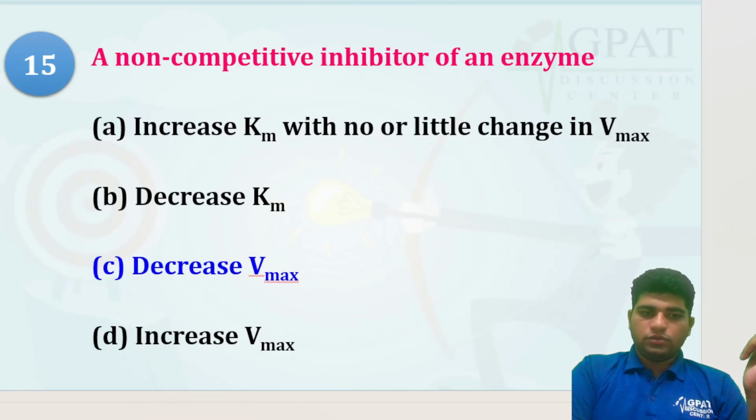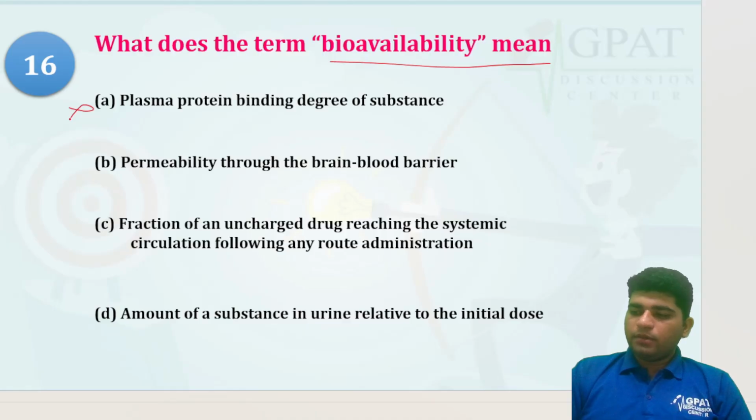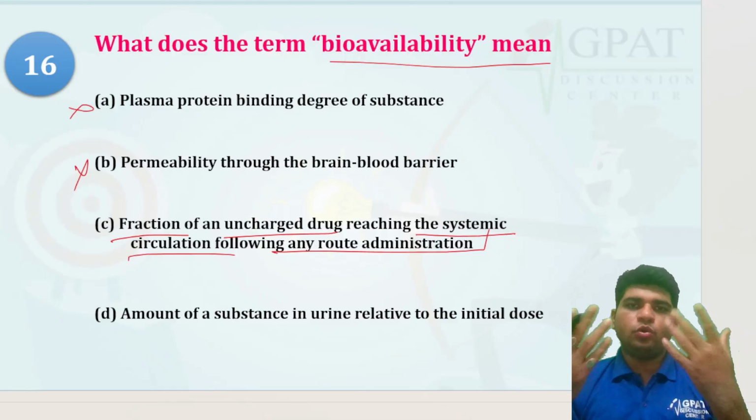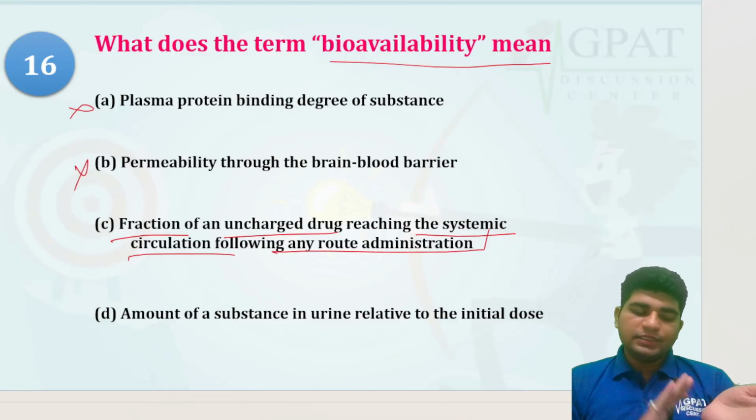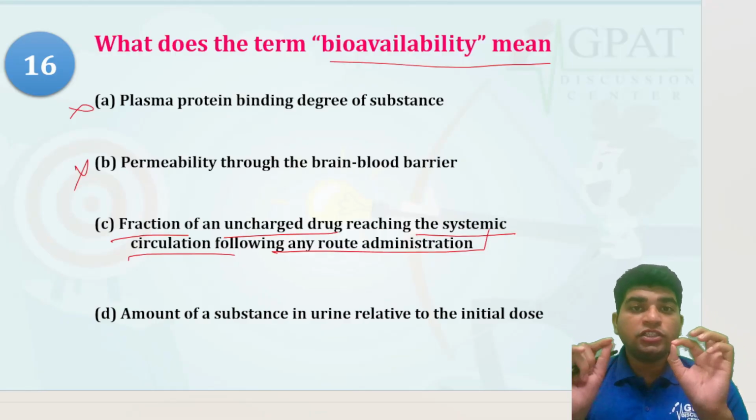What does the term bioavailability mean? Plasma protein binding, degree of substance? No. Permeability through the blood-brain barrier? No. It is the fraction of an unchanged drug reaching the systemic circulation following any route of administration. For example, you have taken a drug orally and it goes into the systemic circulation in the unchanged form.